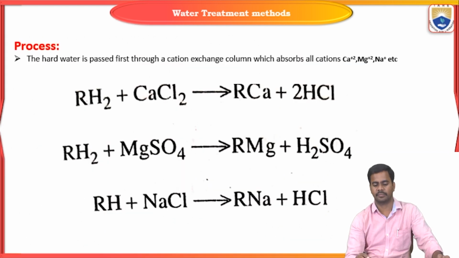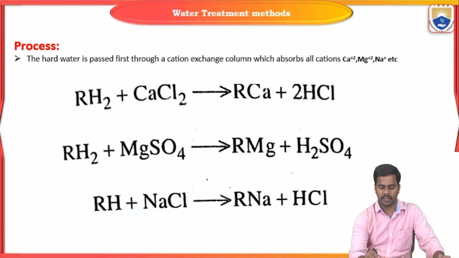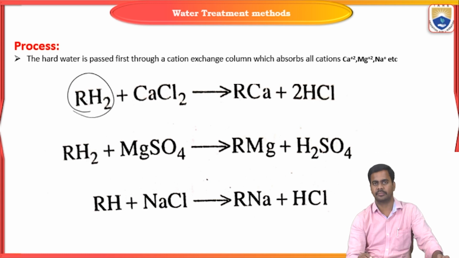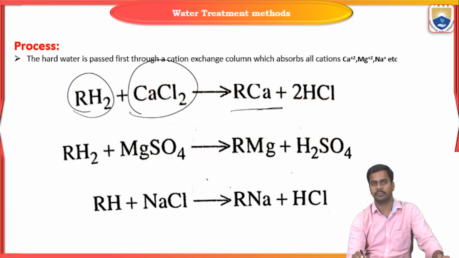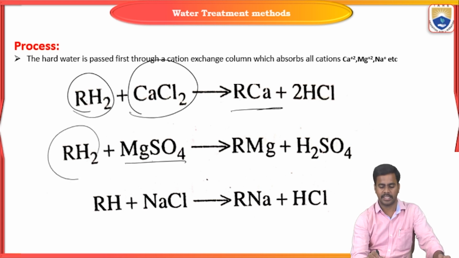Look at here. Okay, so this is the cationic exchange resin. We are passing hard water through it. So this cationic exchange resin replaces whatever cations are present in the hard water. Similarly, MgSO4. Hard water contains MgSO4. That hard water is passed through the cationic exchange resin.